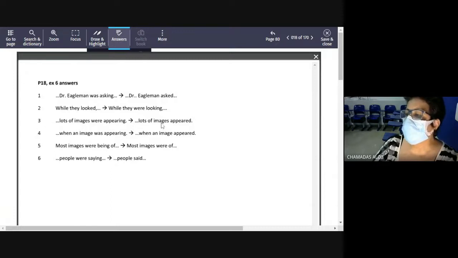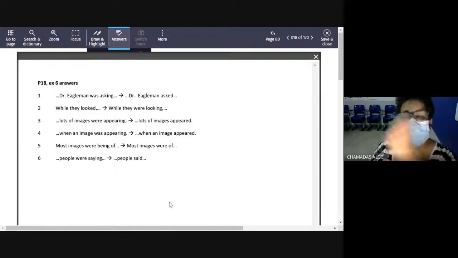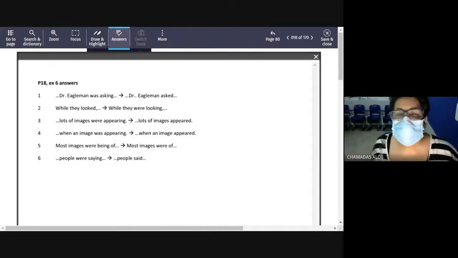Number 3, lots of images appeared. Number 4, when an image appeared. Number 5, most images were of, okay? And finally, number 6, people said, okay? So if you want, you can take a picture.